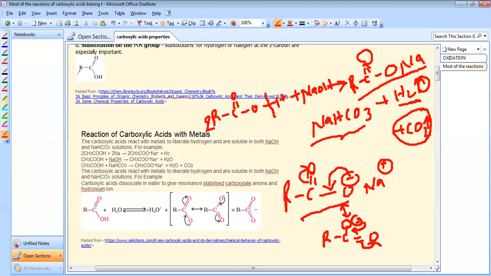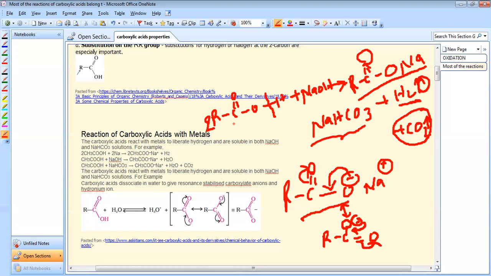So whenever this carboxylate ion undergoes resonance, it produces equivalent resonating structures. Due to the resulting equivalent resonating structures, it gets enormous stability compared to the corresponding carboxylic acid. That's why carboxylic acid readily exists as carboxylate ion.